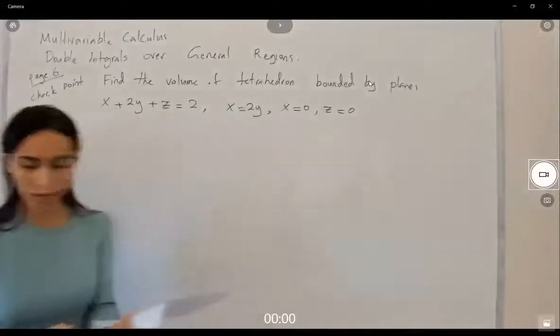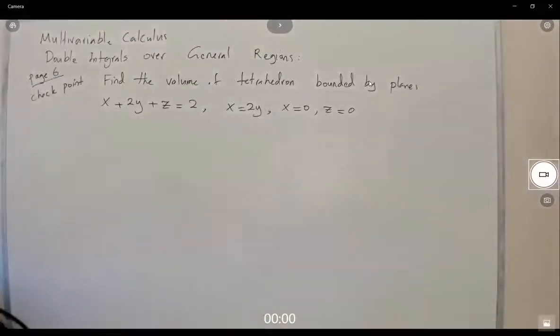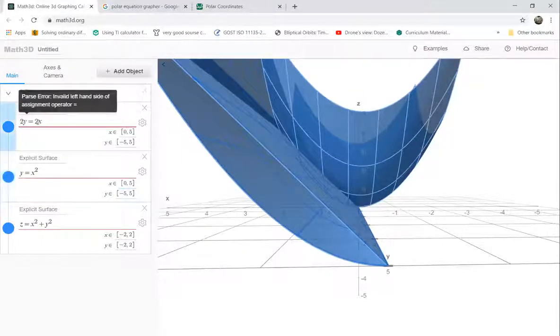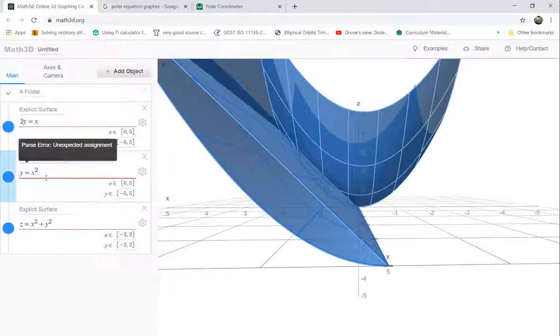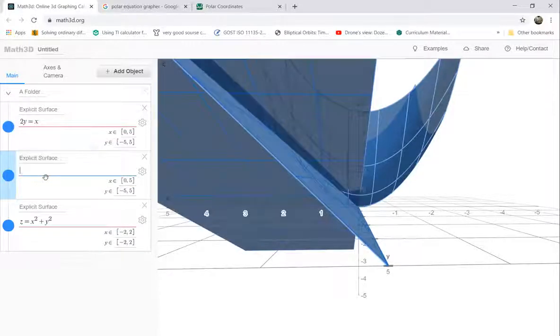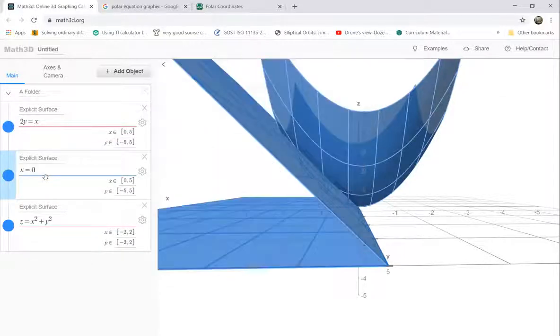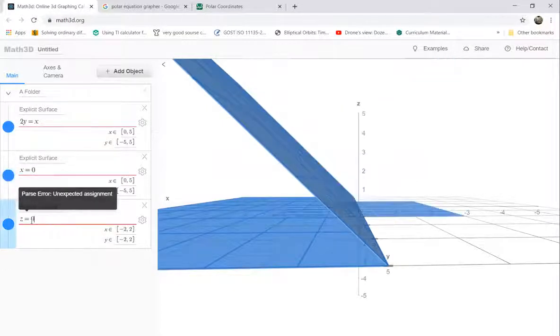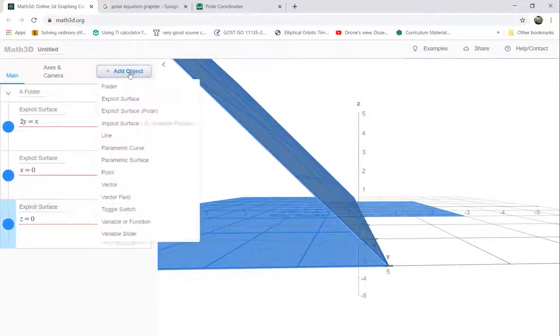Let's take a look at the graph. This is our plot graph, so y is equal to 2x. Now here we have to switch this. 2y is equal to x. Then we have x equal to 0. Then we have z equal to 0. Let's add another object.